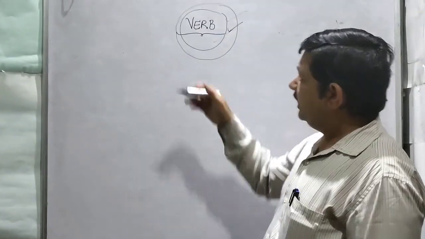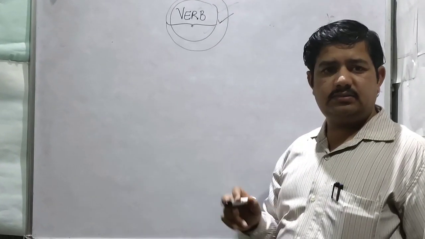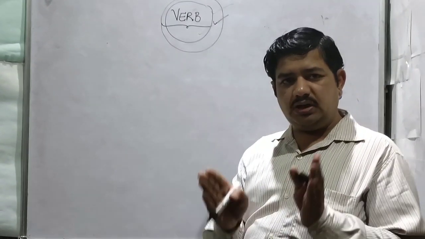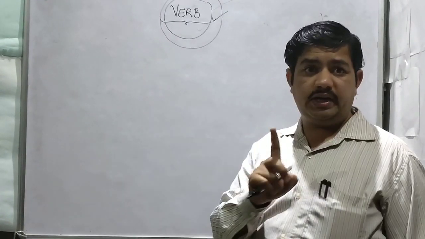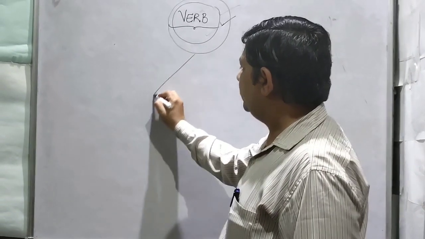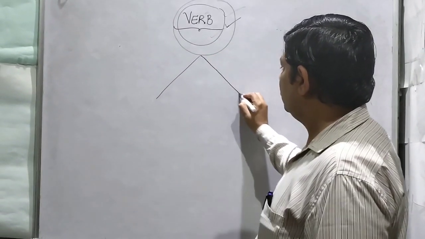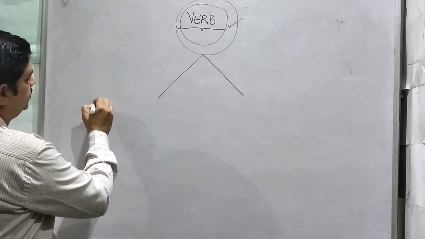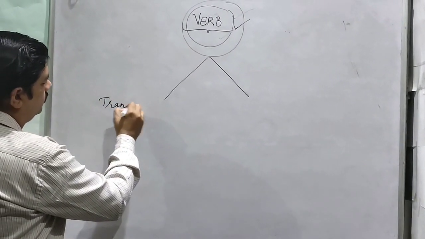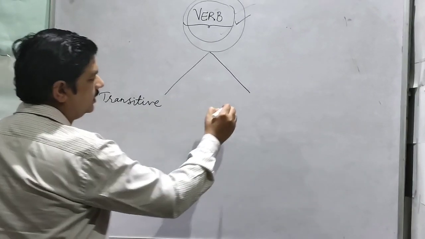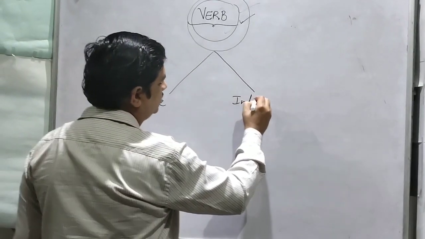Verb has two important types, which means the same verb can be bifurcated into two important parts. The first is transitive and the other is intransitive.